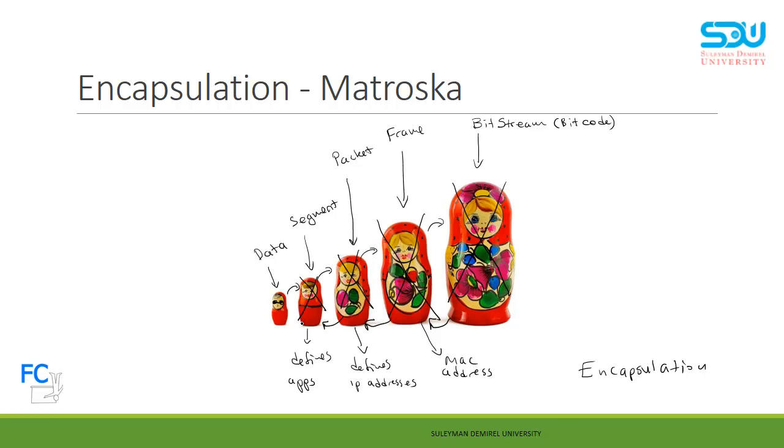We just use them to have this one, because it is really very important for us. Everyone, as I told you, is working for this matryoshka. Then the back process, the vice versa process, is called decapsulation.